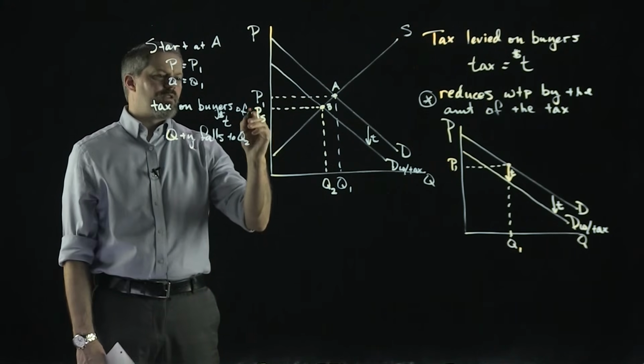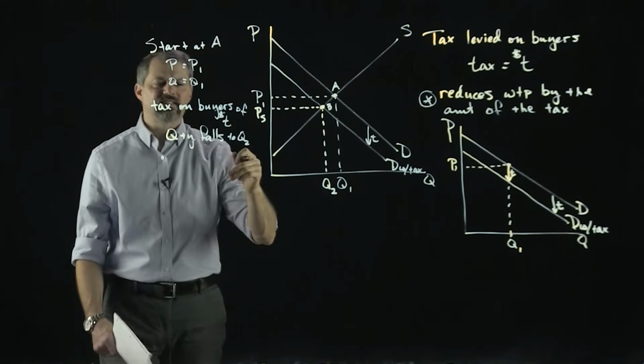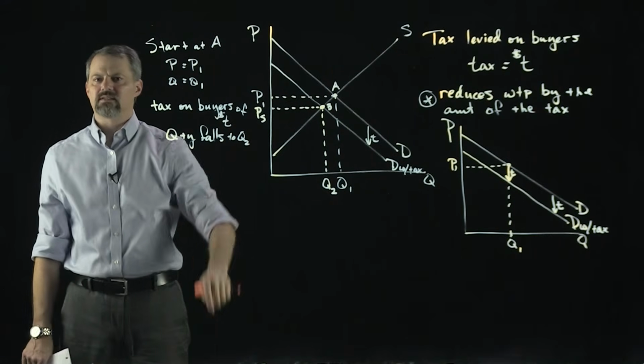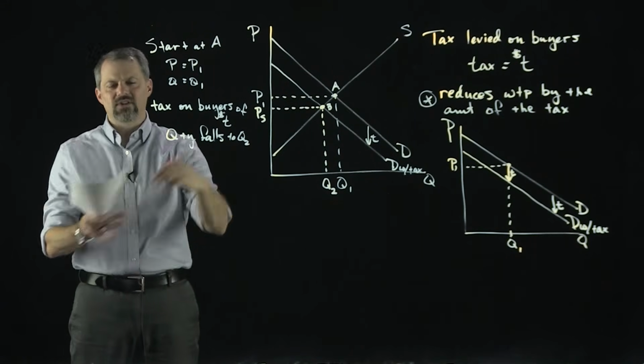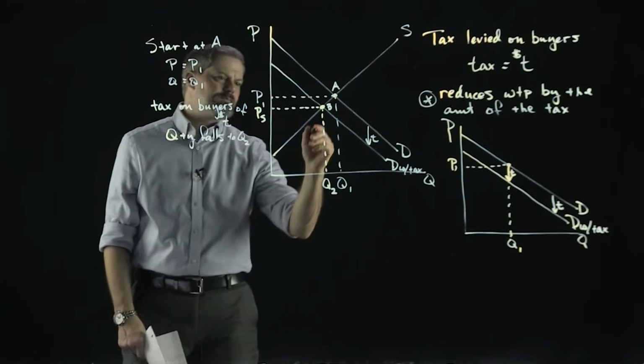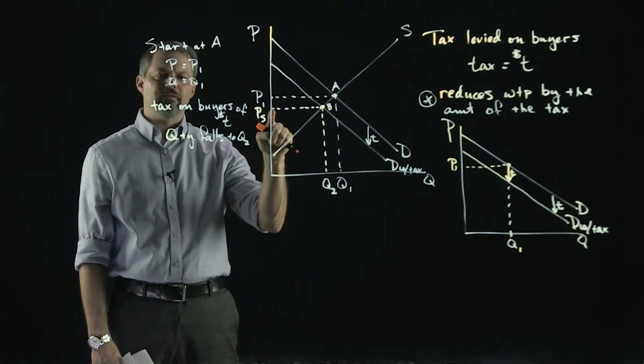So from the seller's perspective, that's the end of the story. Once they sell the good to the buyer, the seller's not being taxed, so they get to put those dollars in their pocket, that's it. But if we look at what happens for the buyer, this is not the end of the story for the buyer.